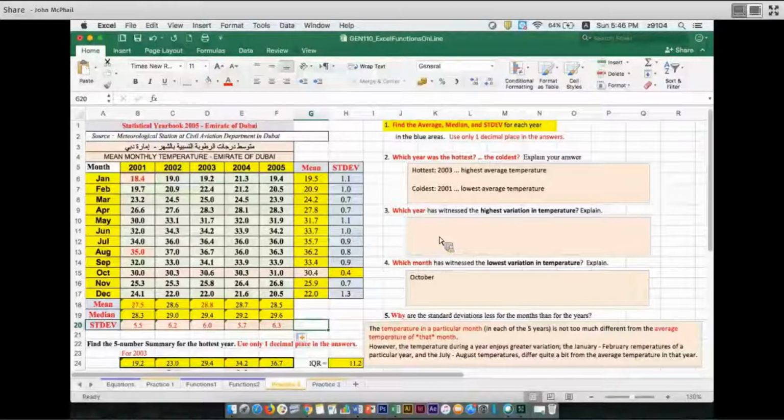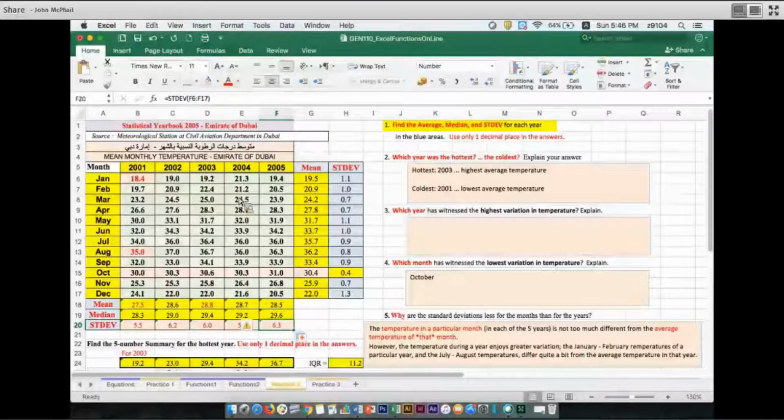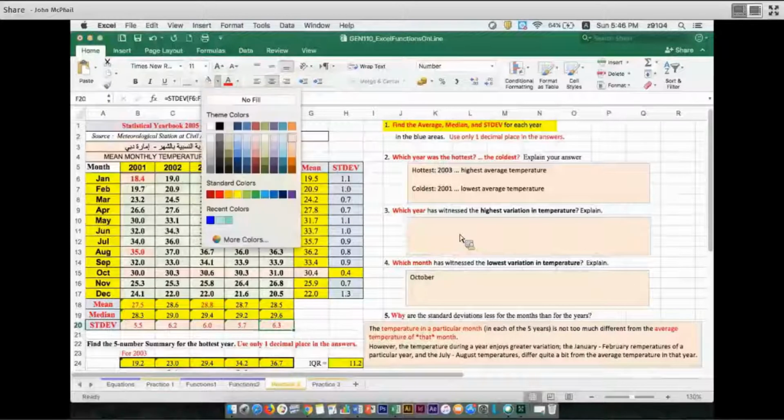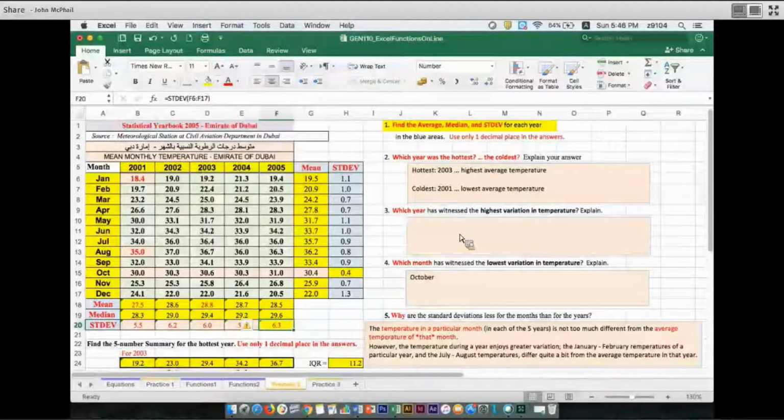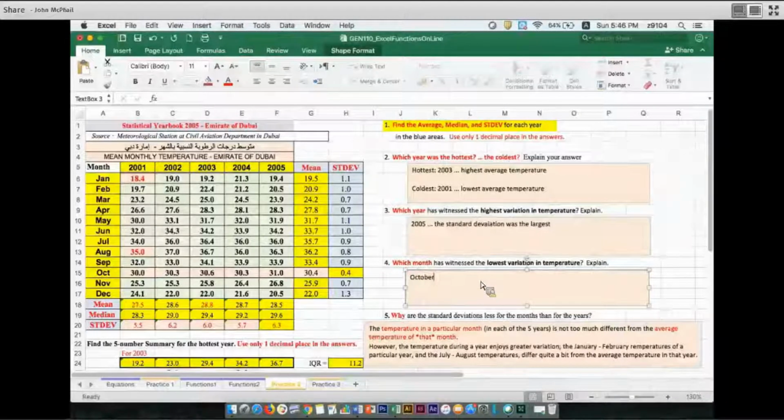And so, which year had the highest variation in temperature? It looks to be 2005. The standard deviation was the largest. However, in the month of October, the temperature is always about the same in October.